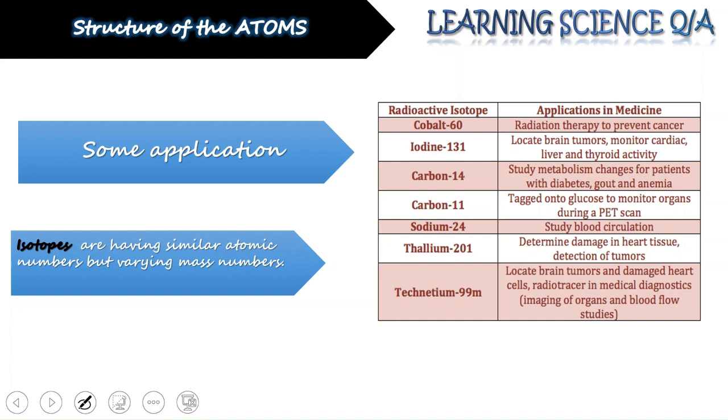Technetium 99m locates brain tumors, locates damaged heart cells and is also used as a radio tracer in medical diagnostics. So these are some of the isotopes along with their application in medicine.